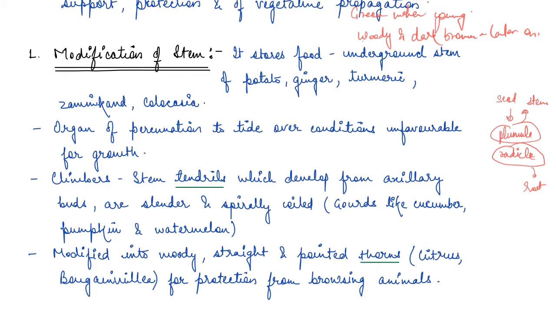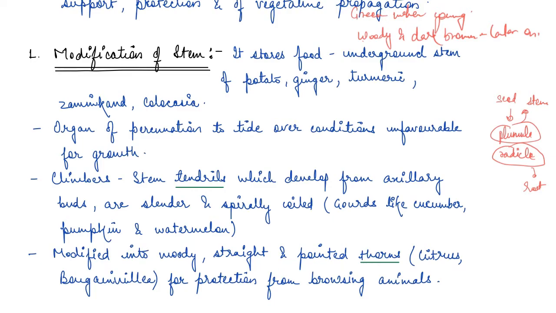So underground stems of potato, ginger, turmeric, and many such plants like colocasia, right? These are nothing but modified stems which store food in them, right? And apart from this, they also act as organs of perennation, to tide over conditions unfavorable for growth, right? So this is the second modification of stem, right?